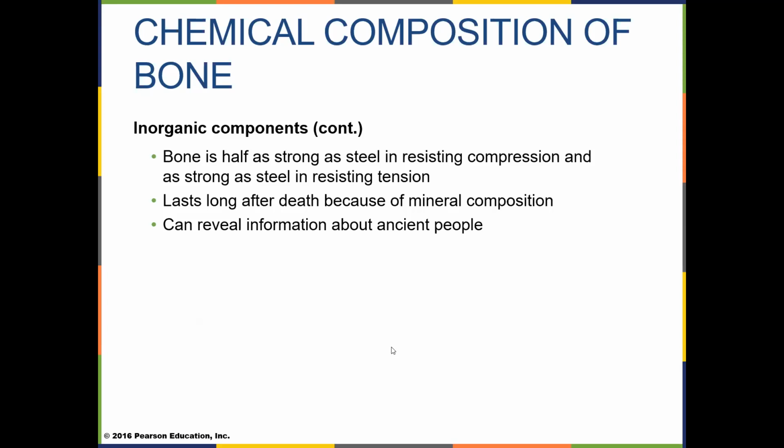You can discover that by analyzing bone, and it's not unusual, if a body is exhumed after several hundred years, if the person was poisoned, for it to be established by analyzing the bone. So it doesn't happen too often that it's dug up, but it can happen, and the evidence is there.